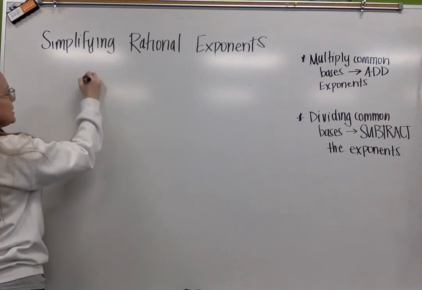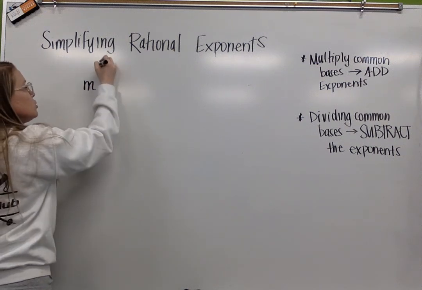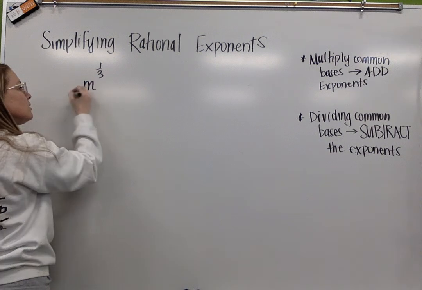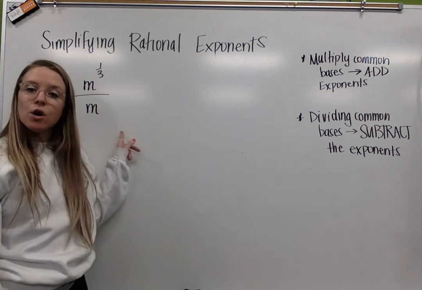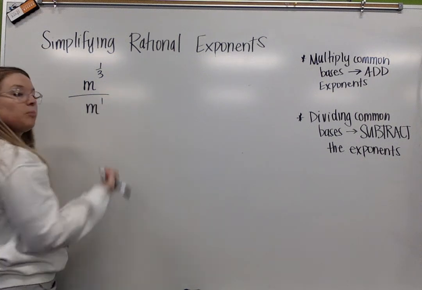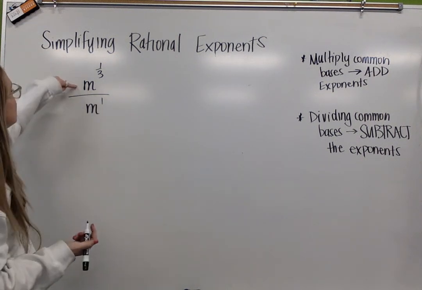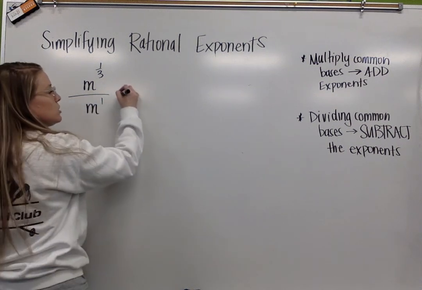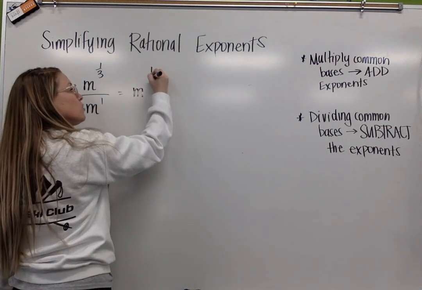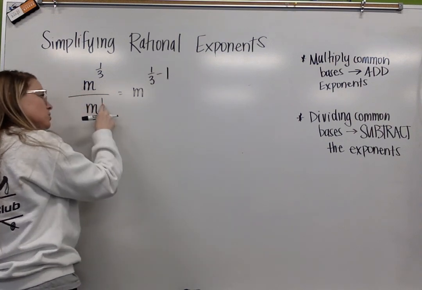So let's say this example, I have m to the 1/3 divided by m. Remember, when there's no exponent given, that exponent is an implied 1. So this is m to the 1/3 divided by m to the 1st. So that's going to be m to the 1/3 minus 1.